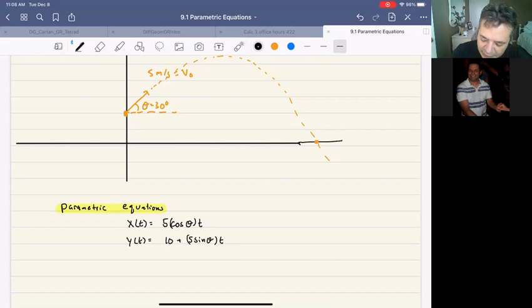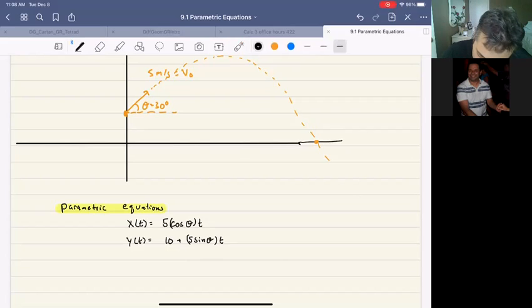No reason why, this and this are the same. I know I have the parentheses around one, it's not going to matter. The real reason I have the parentheses here is to show that I'm not taking the cosine with the t inside, or the sine with the t inside.